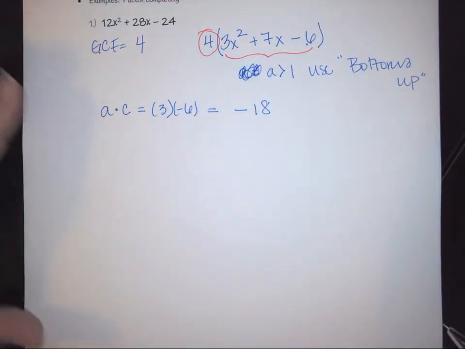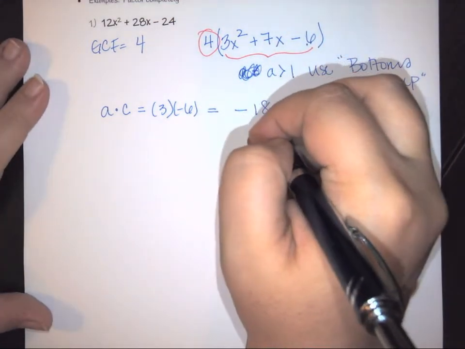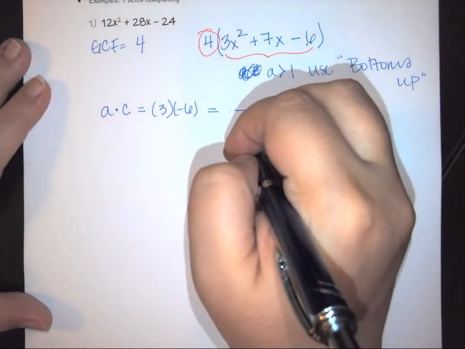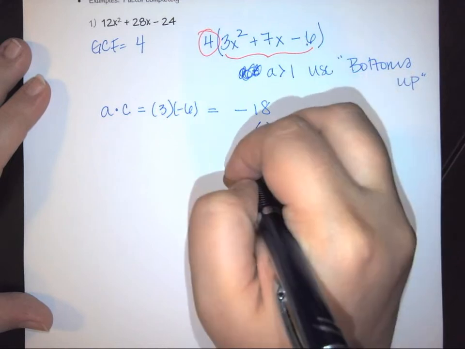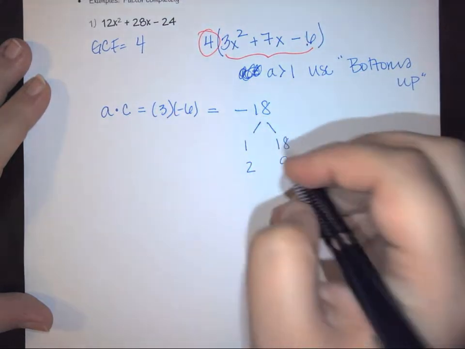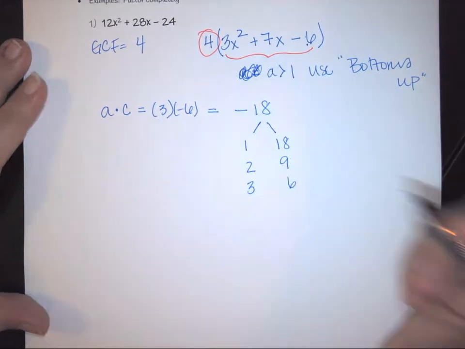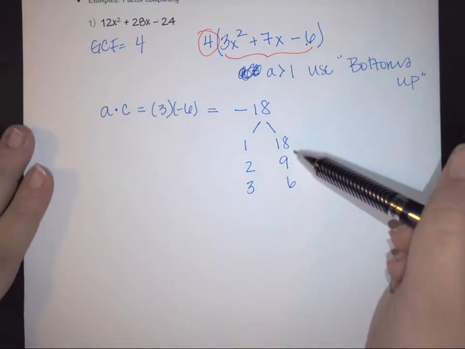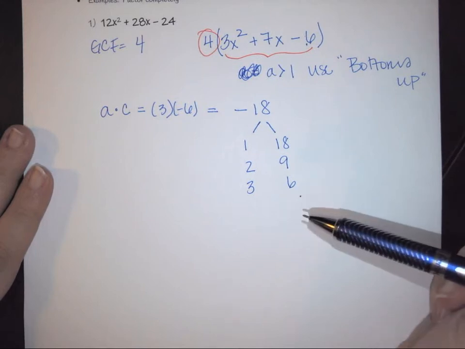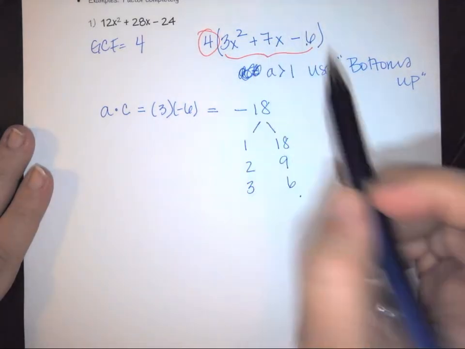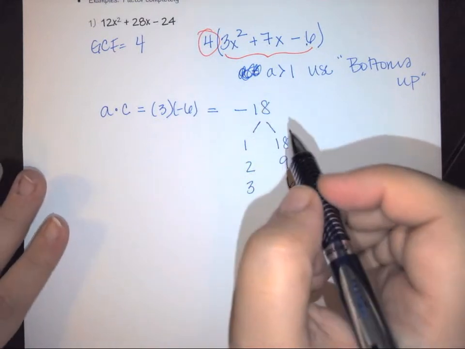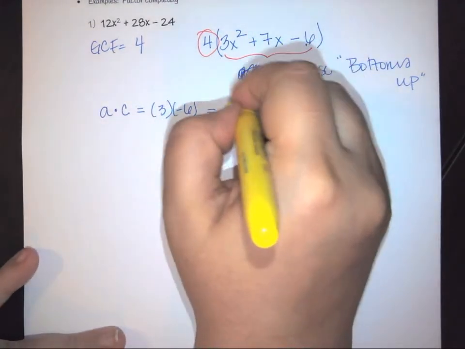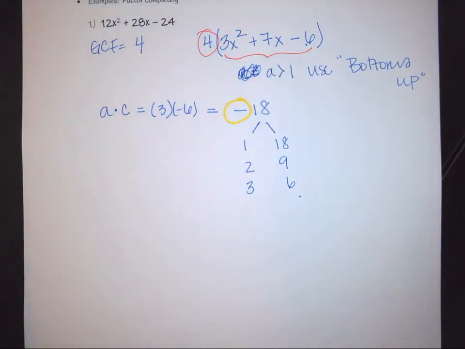The second step says that I need to list all my factors of 18. So I know that I have 1 and 18, 2 and 9, 3 and 6. I need to know which one of these factors, when added together, will give me a 7. And I need to keep in mind that one of them needs to be negative.